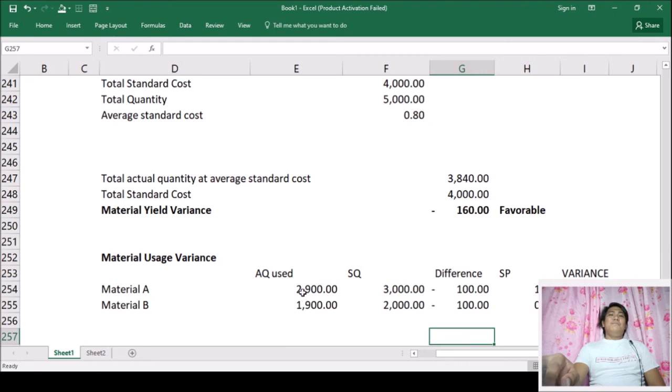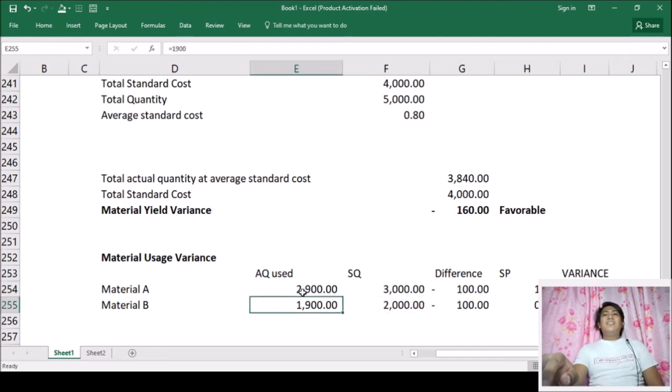Material A, actual quantity used versus standard quantity, that's 1,000. Multiply at standard price, that's 100. Okay? Then, 1,900 versus standard quantity, that's 500, that's 50.